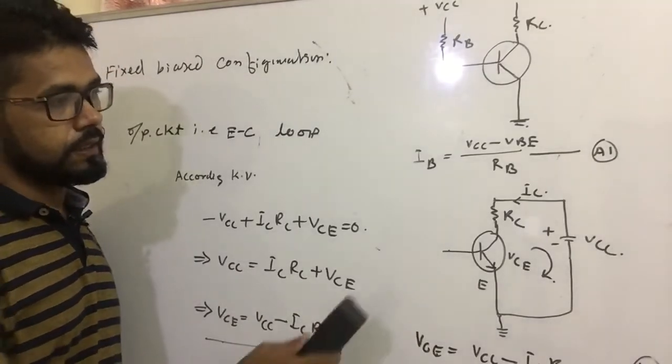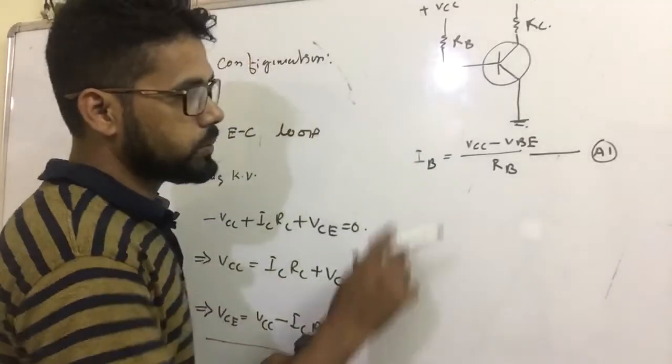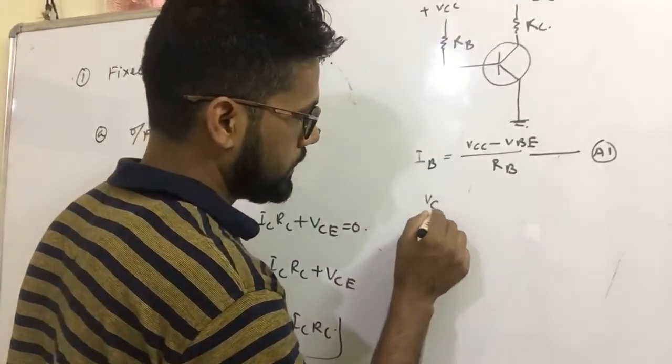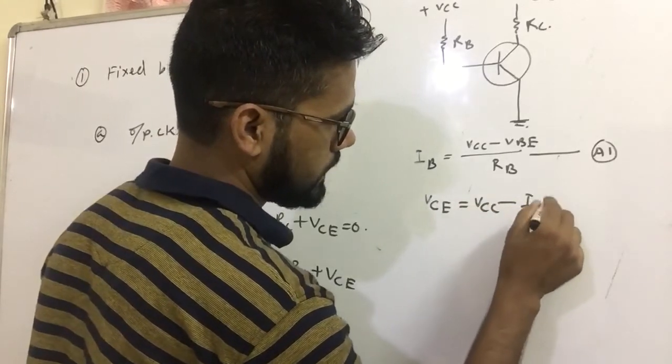So basically we are getting two equations. From the input circuit we are getting the equation for IB, and from the output circuit VCE equals VCC minus IC RC.